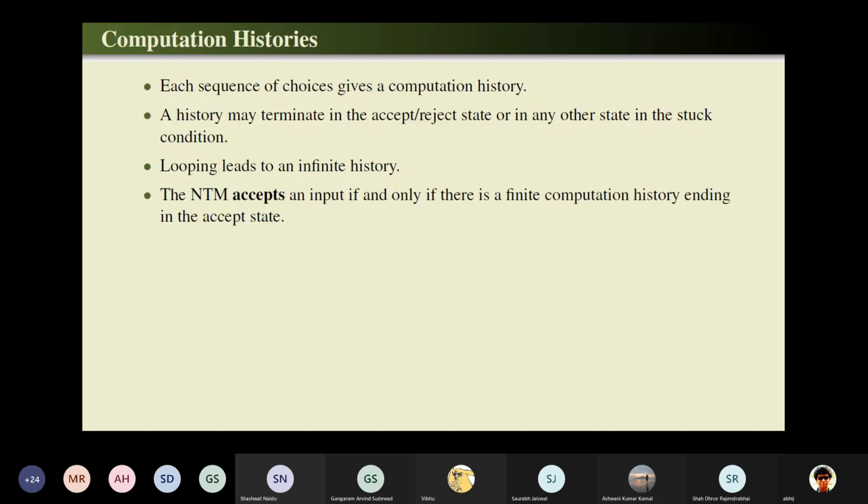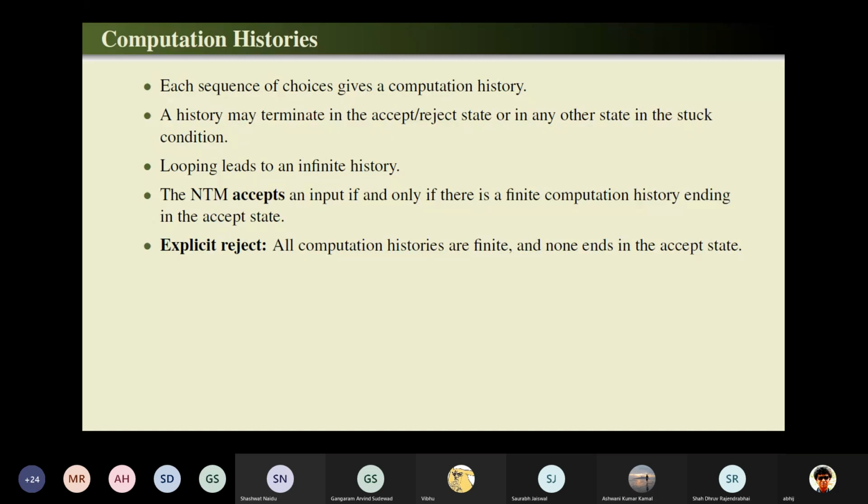So in terms of computation histories, the non-deterministic machine accepts an input if and only if there is a finite computation history ending in the accept state. Natural, right? Not much to understand. Similarly, if all computation histories are finite and none ends in the accept state, then this is essentially equivalent to explicit reject.